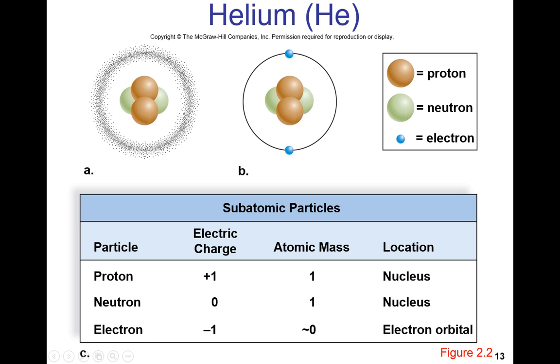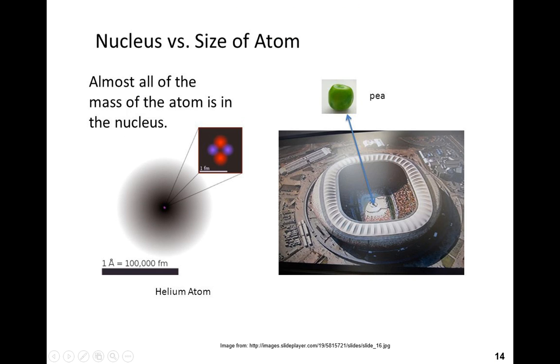Electron orbitals will be represented several different ways. You'll commonly see them represented much like the orbits of planets, or in a scatter plot representing the likelihood of where you're going to find an electron.